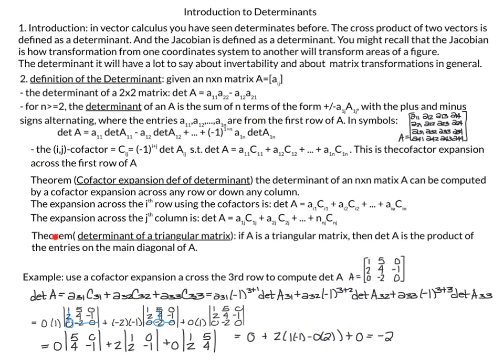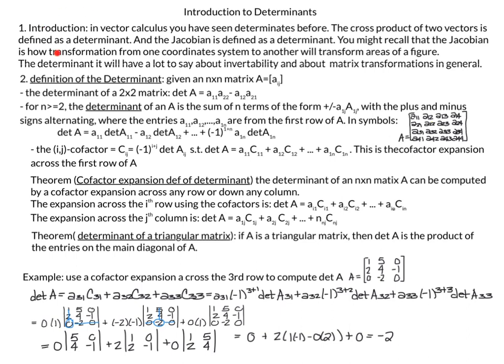The next material, which might be new to you, is a cofactor expansion definition of a determinant. And then we have this theorem here for determinant of a triangular matrix. So if A is triangular, then the determinant of A is the product of the entries on the main diagonal here. And we'll do plenty of examples.